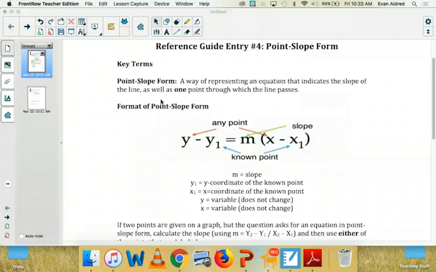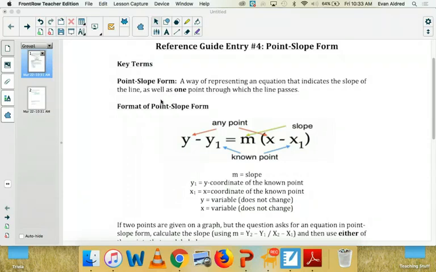Point-slope form is a way of representing an equation that indicates the slope of the line as well as any one point through which the line passes. This is nice because it gives you freedom in terms of what point you're looking at to go along with your slope. In slope-intercept form, it was slope and y-intercept.